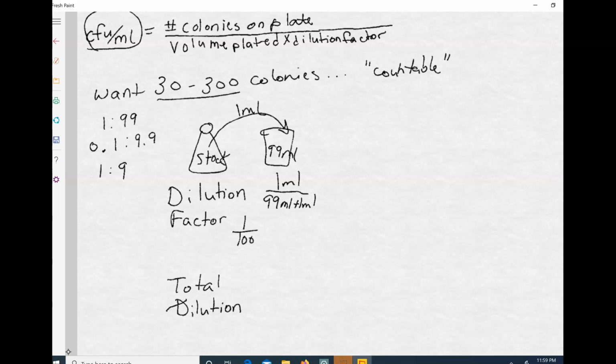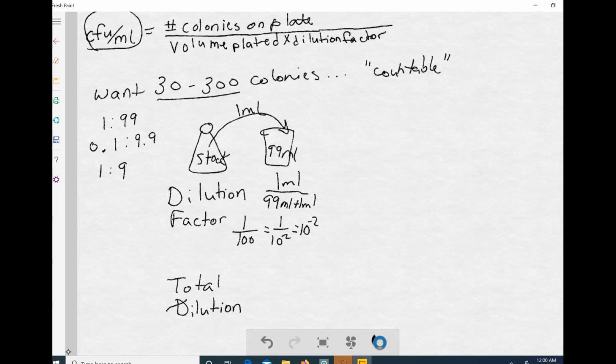If any of you remember, 100 is the same as 10 to the second, and from algebra you might remember that 1 over an exponent is the same as the negative exponent. So 1 over 100 is the same as 1 over 10 squared, which is the same as 10 to the negative 2.